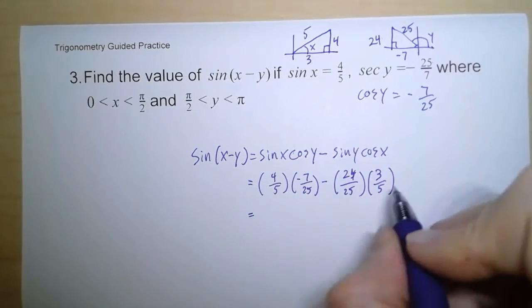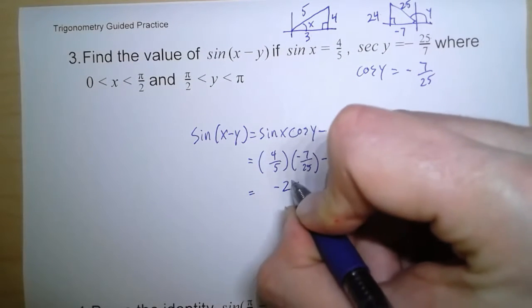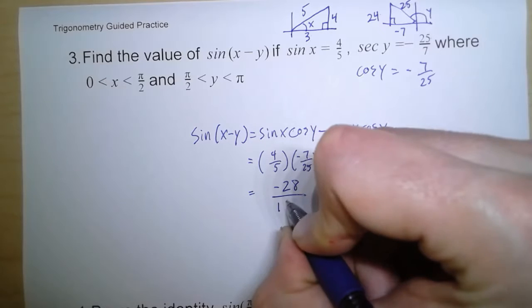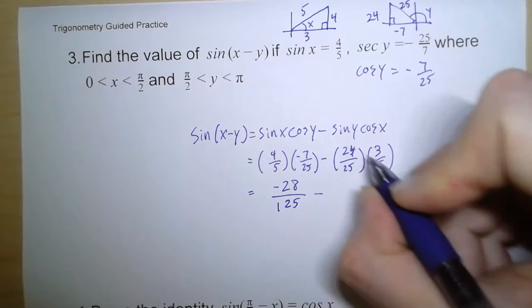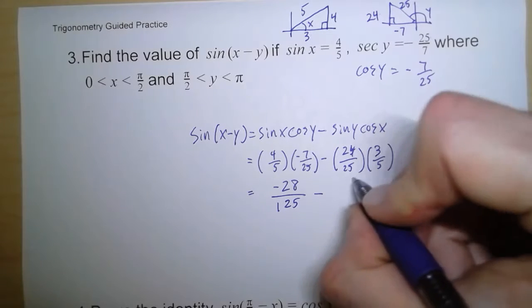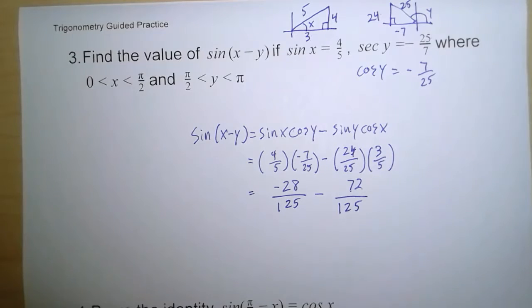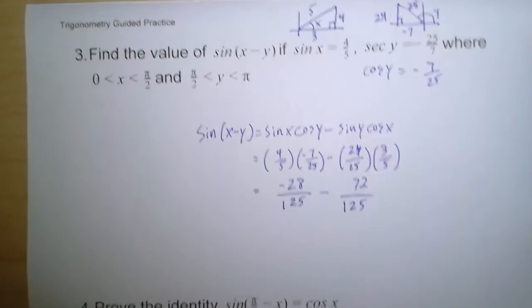So let's multiply these. So 4 times negative 7 is negative 28 over 125. 24 times 3, that should be 72 over 125. And thankfully we have a common denominator here.